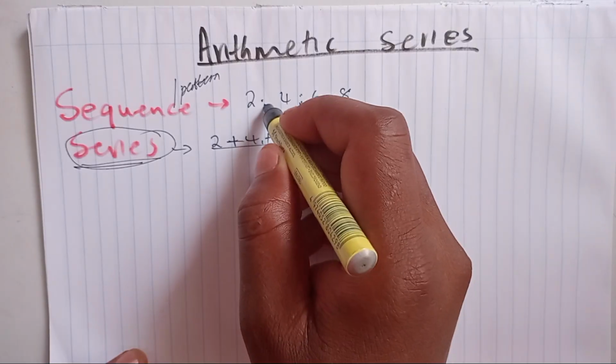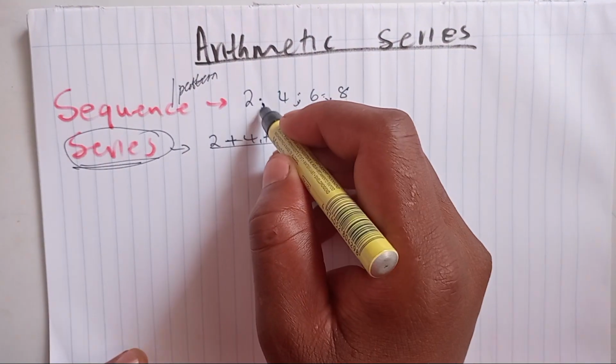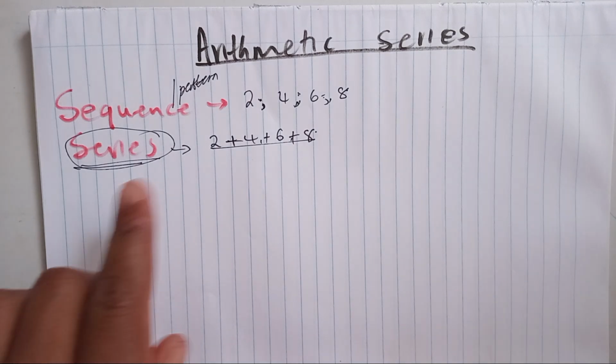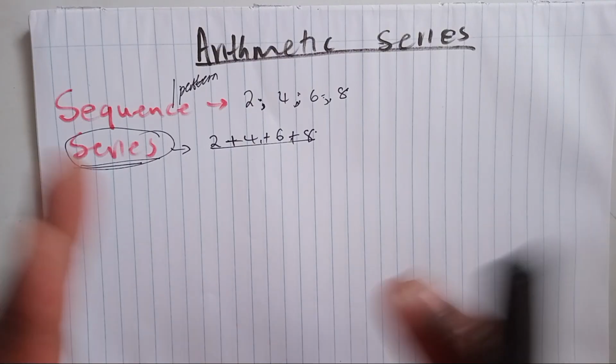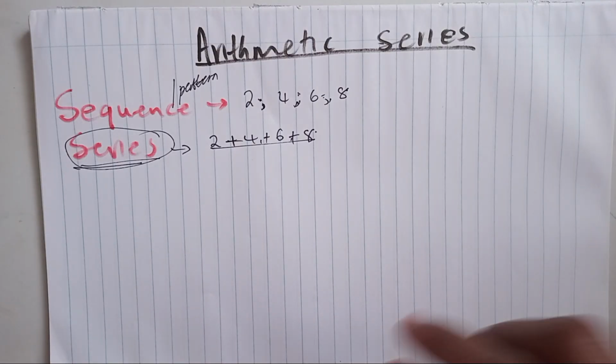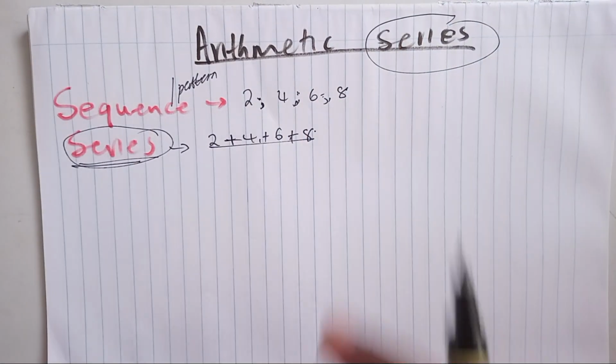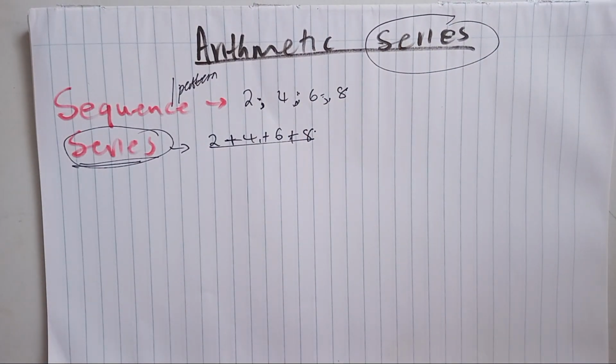And if it's separated by a comma like this, it means it's going to be a sequence. So you must understand the difference. Today we will be talking about an arithmetic series. So let's get down to it.